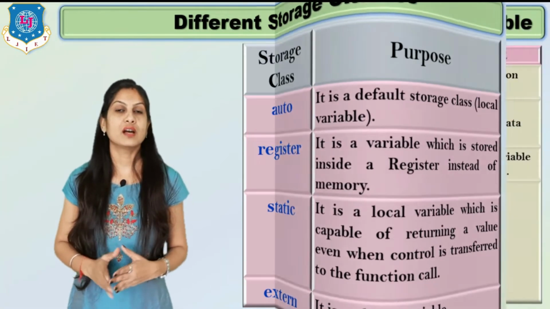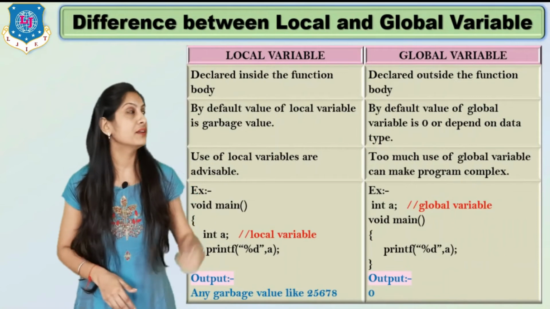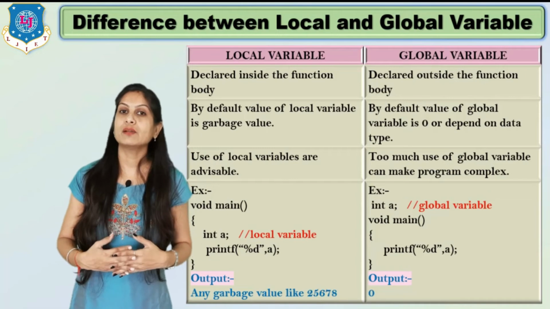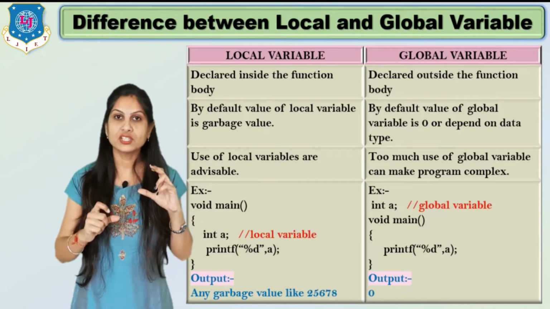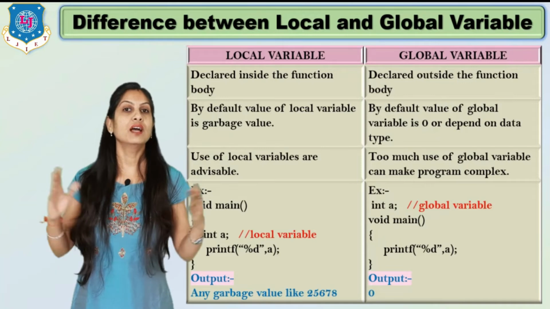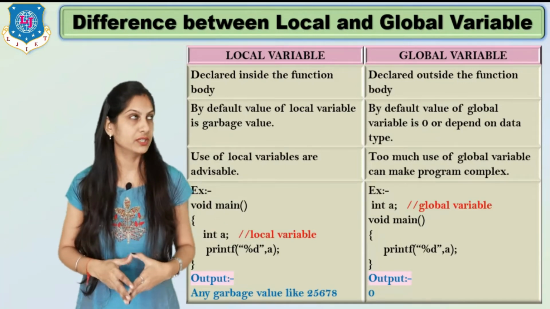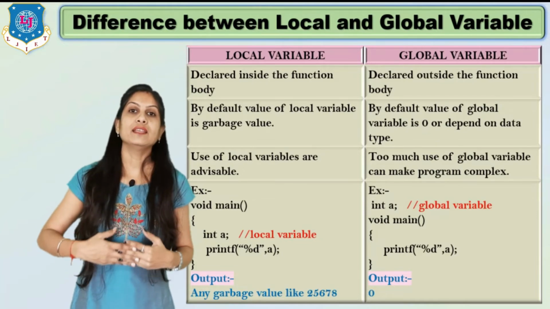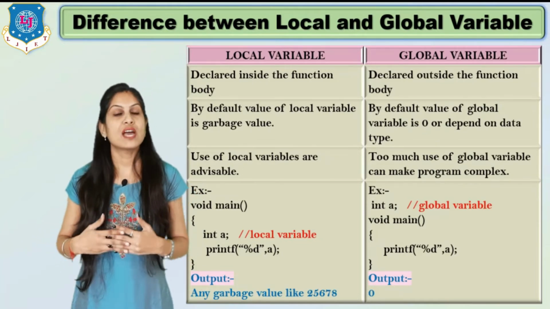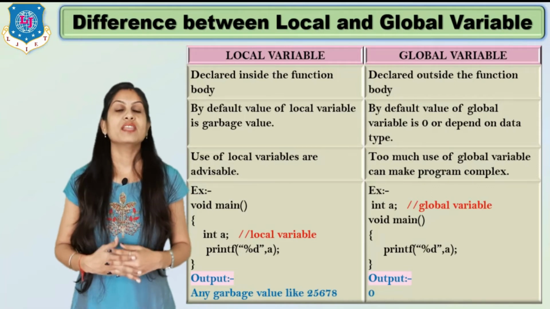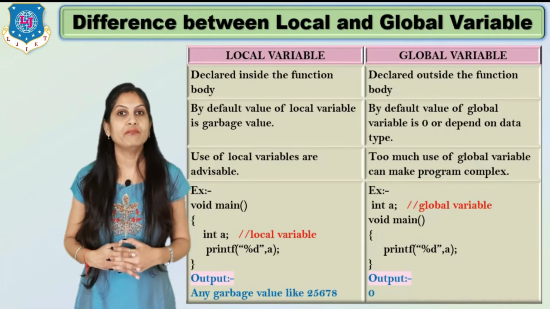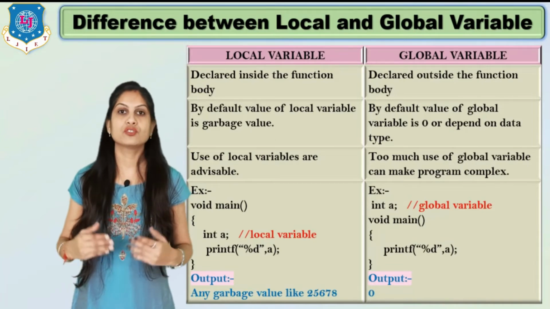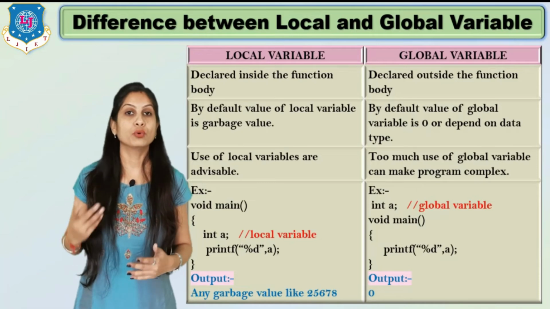Clear? So let's first understand in detail the difference between local and global variables. Local variables are inside a particular function, and global variables are outside of all functions. The second difference is, when we write integer a in void main and do not assign any value, then the default value of a will be a garbage value, meaning any value like 25 or 65 or 2000.